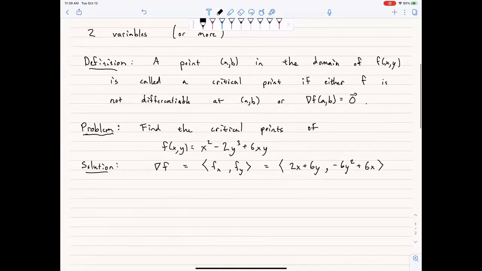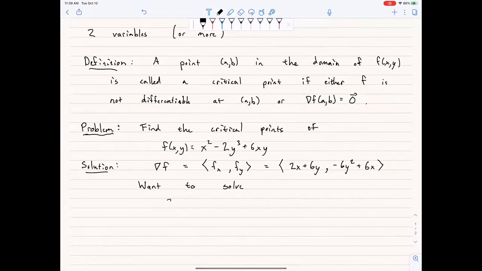And now I want to solve the equation that tells me that I have a critical point. I want to find A and B that are solutions to that equation. It's a vector equation. So that means that both the x component must equal 0 and the y component must equal 0.